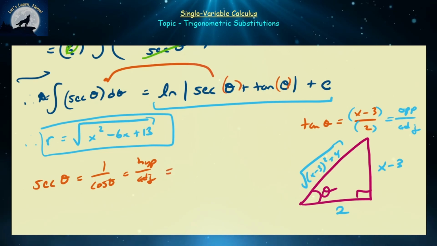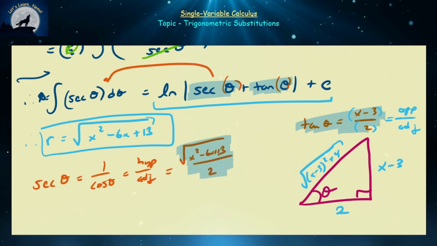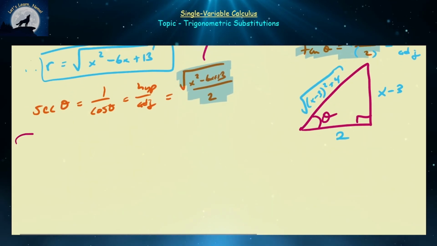So hypotenuse over adjacent is just the square root of x squared minus 6x plus 13 over 2. That means we can replace secant of theta and tangent of theta with these fractions, substitute them directly into this expression, and then we have our integral in one of the nicer forms.